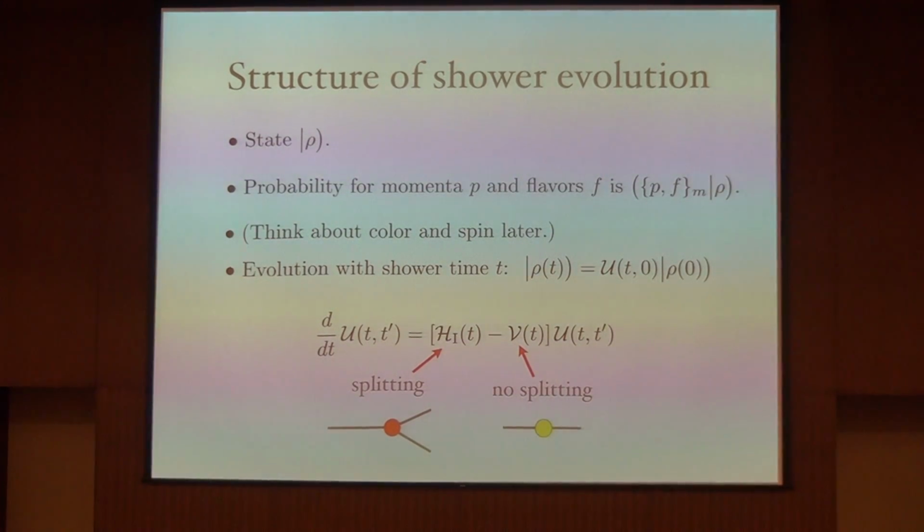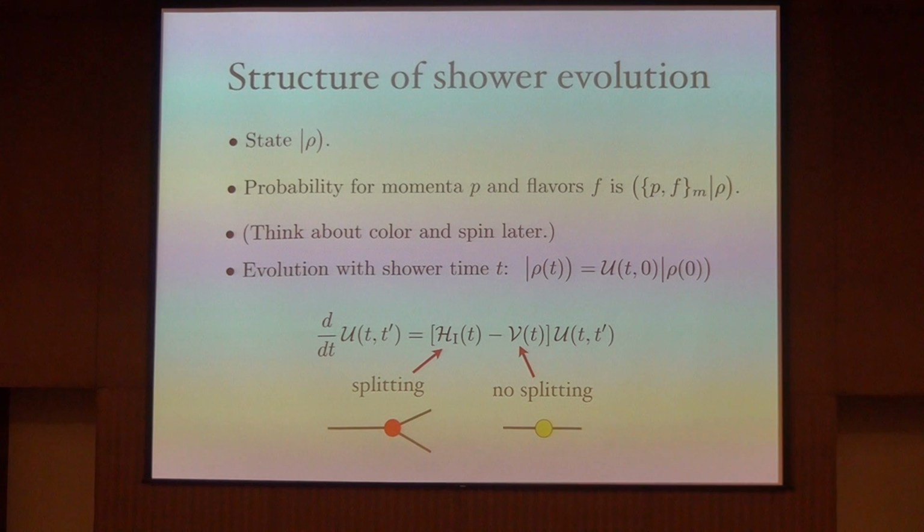Okay, so I have a chance to tell you a little about some equations for shower evolution. Here's a good way to think about it that I think you'll find helpful when you hear a talk that involves parton showers. You think of statistical mechanics, and in statistical mechanics, you have a state of the system. The state vector tells the probability that the system is in some particular configuration.